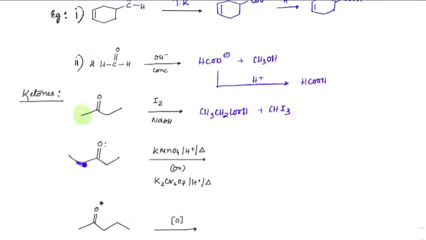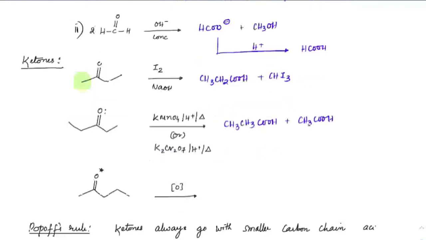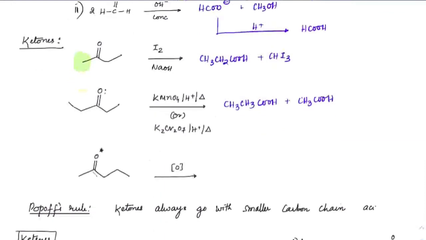Here it is symmetrical, so it doesn't matter. So a double bond will be formed here and it will be broken. So you will have propanoic acid, CH3CH2COOH, and one acetic acid, CH3COOH. In the second case, the double bond will be formed here and then the bond has to be broken here.